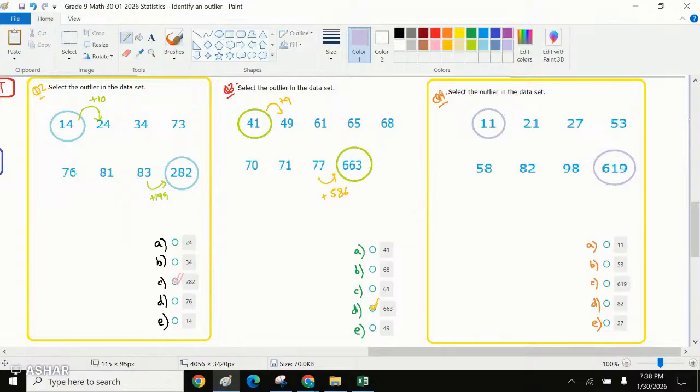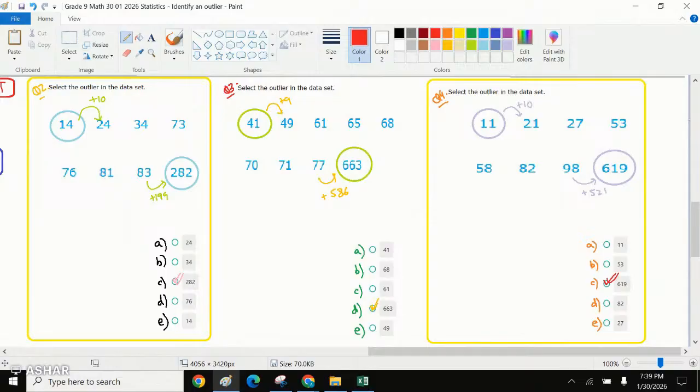The difference over here was plus 10, but the difference between 619 and 98 was 521. So which has a bigger difference? Yes, thank you. That is option C, because 619 is an outlier.